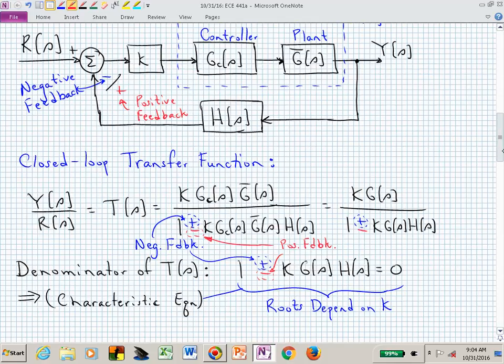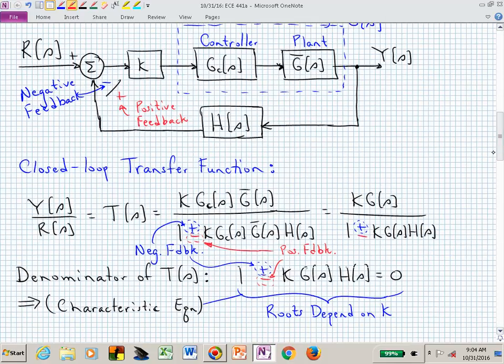But this we've already looked at in the past, but you should have this generic block diagram configuration really embedded in memory at this point in the semester. And what we want to play with now is understanding when we adjust K from 0 up to infinity, how do the closed loop poles, or the roots of this characteristic equation, move around in the S-plane?